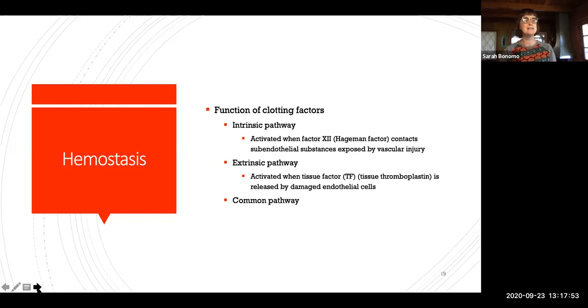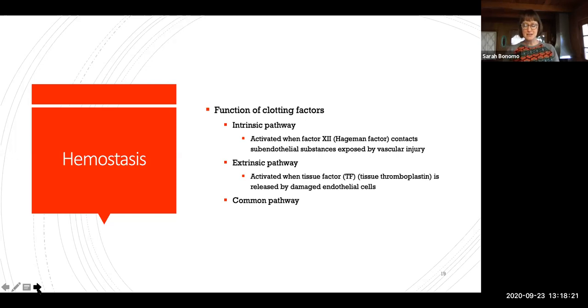There are different kinds of hemophilia, which is an inability to clot, and they're different because they lack different clotting factors. As a nurse, many times I have given different factors to patients to make sure that they can stop bleeding. So in the intrinsic pathway, it's factor 12.